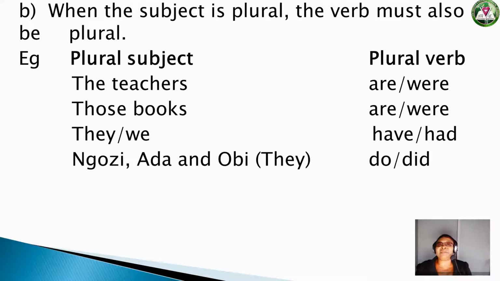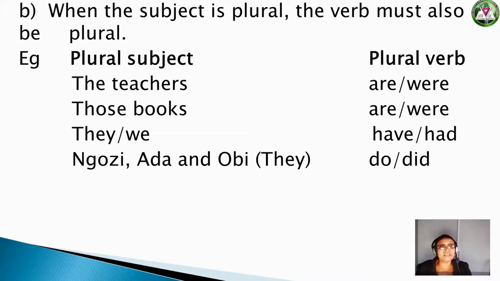But when the subject is plural, the verb must also be plural. Remember, we are dealing with subject-verb agreement, and the agreement must be in number. When the subject is plural, the verb must be plural. For instance, the teachers are, or the teachers were.